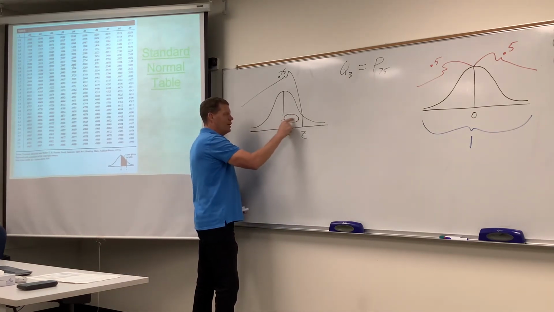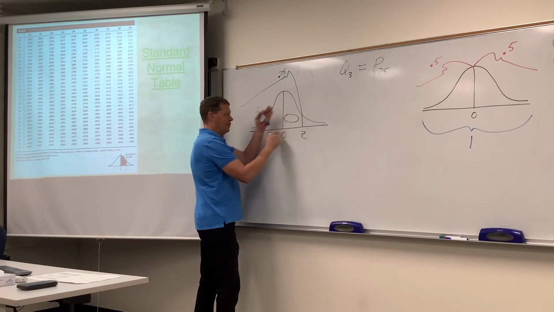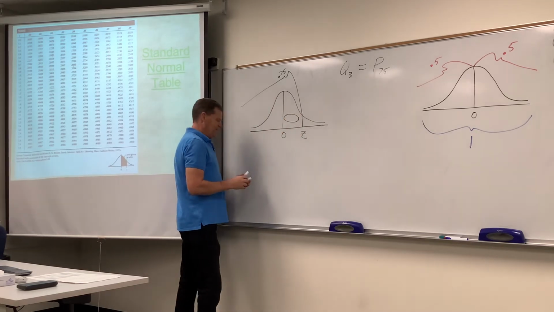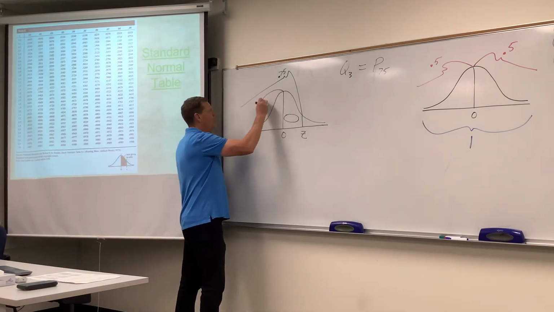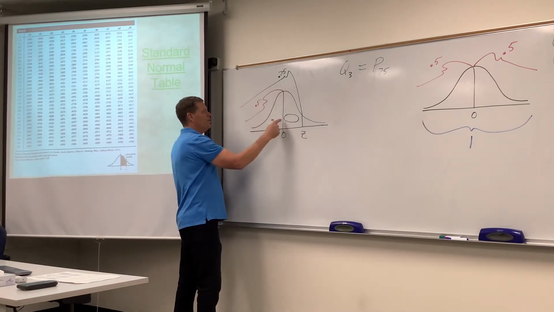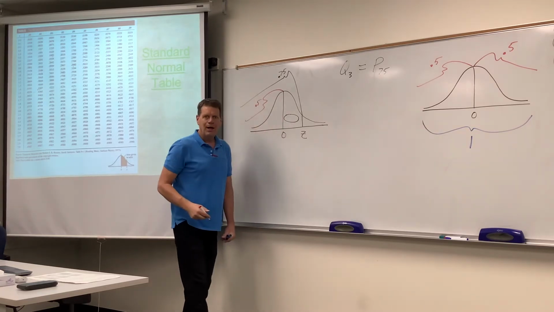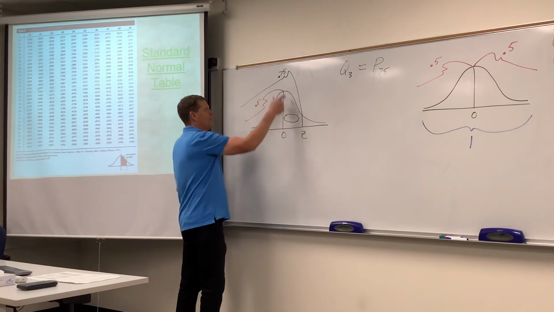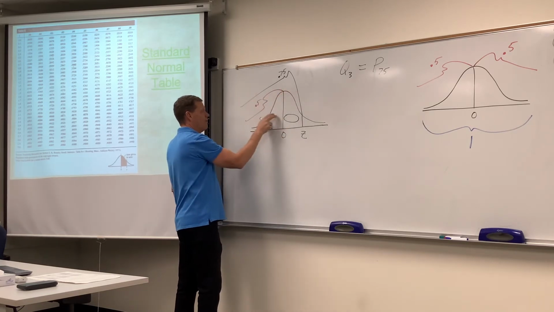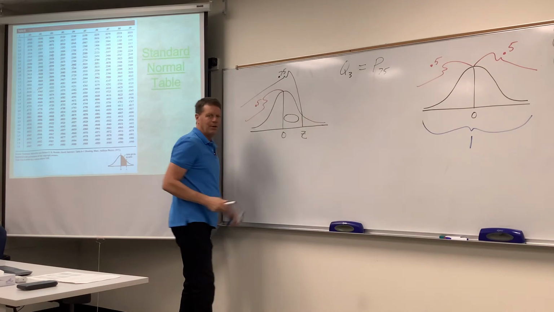We want that middle region right there, that sliver from here to the middle, okay? You see it, you're thinking, guess what? This is 0.5 right here, right? So how about we get that middle sliver by taking that 75%, subtracting off that lower half, and that'll leave that sliver right there, won't it?